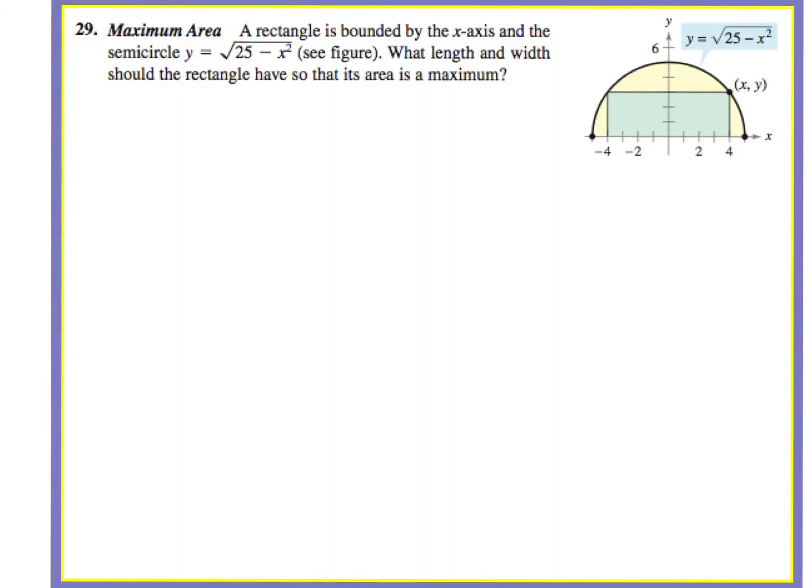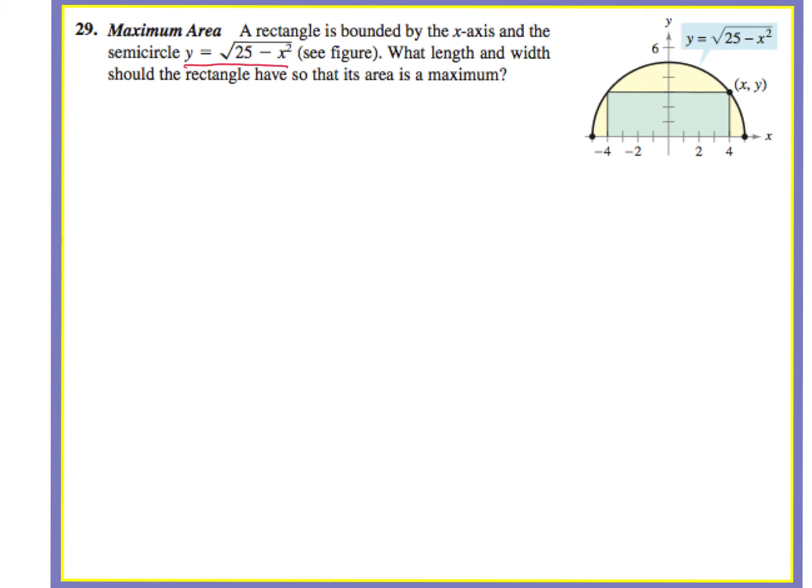All right, the next problem: we have a rectangle bounded by the x-axis and the semicircle y equals the square root of 25 minus x squared. This has come up before this year. We have to recognize that that is a semicircle. It's in the form of x squared plus y squared equals r squared, but it's solved for y, so it's not a plus or minus in this case, but just a positive square root.